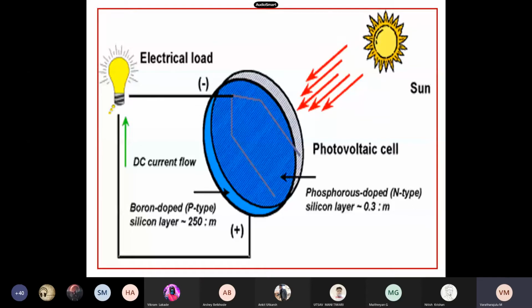We will start with the solar heater and how it works, then talk about the cylindrical parabolic concentrating collector, and then slowly move on to the solar power plant situated in California, and then the solar cell.